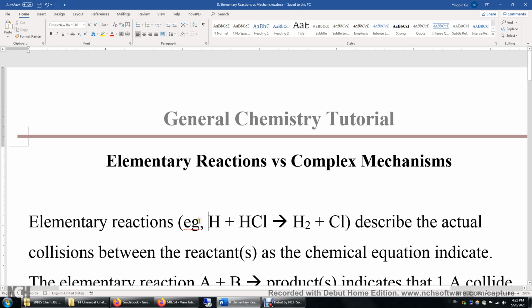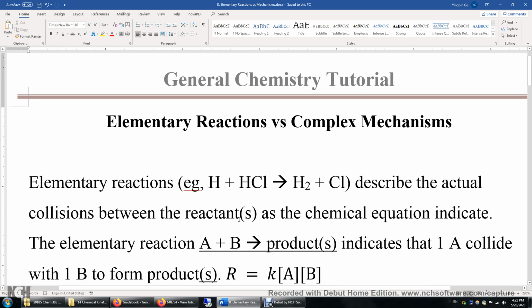In an elementary reaction, the reactant coefficients are very important. These numbers, these coefficients, tell us the order of the reaction. So we see this is 1 here and 1 here. That means this reaction is first order with respect to hydrogen, and also first order with respect to HCl.